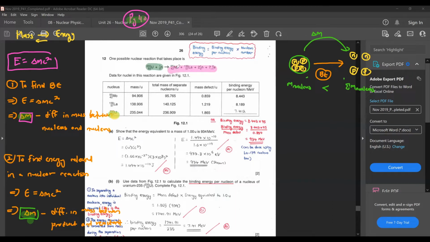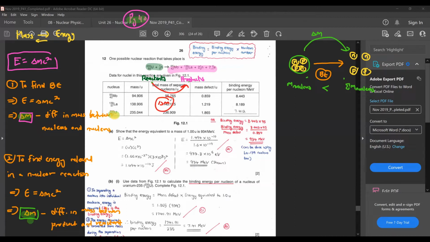So this one by right would be your reactants, and then this one by right would be your products. Same thing as I mentioned before: when you have some sort of nuclear reaction going from reactants to products, you will tend to have mass changes.